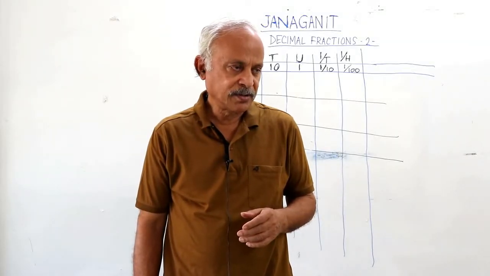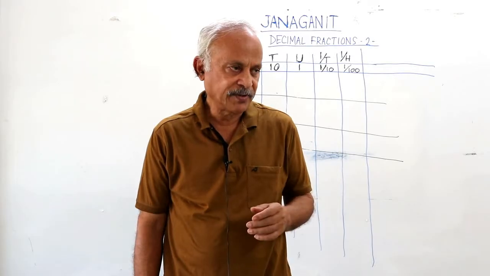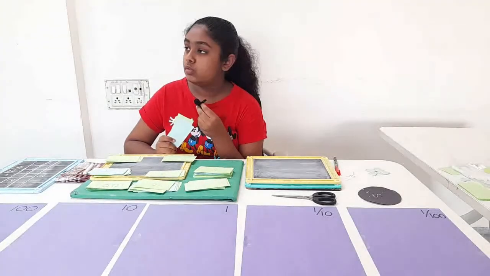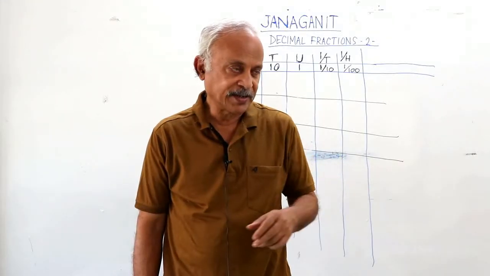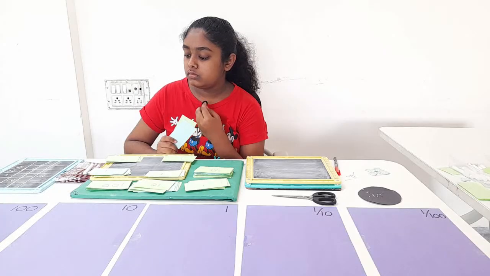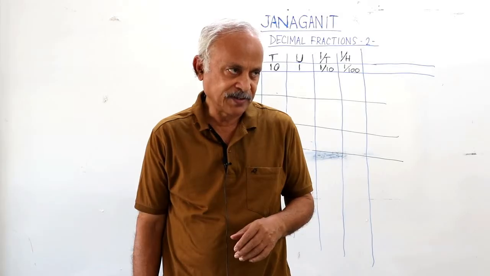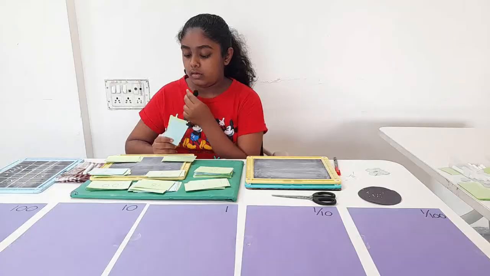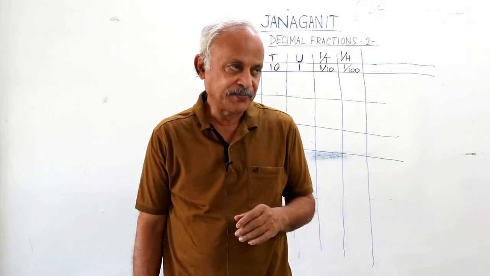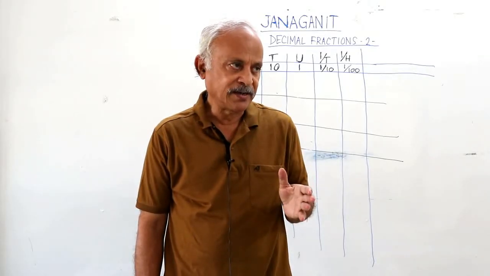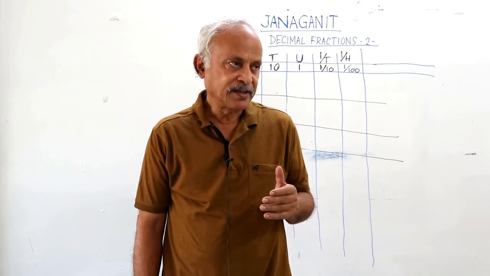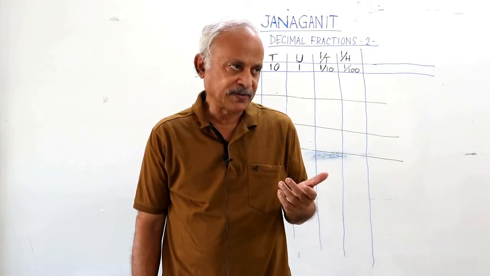So now, how much does each one have? 2. In total, each one has how much? 12. 12 rupees. And what is remaining? 2. 2 rupees. Now I want to divide 2 rupees equally among 4 persons.